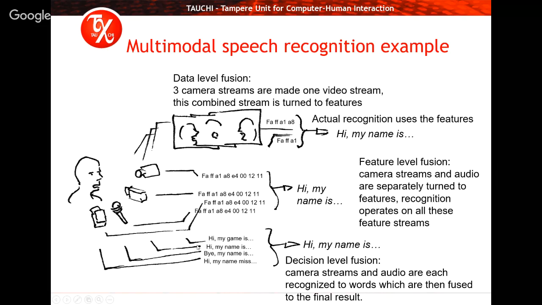Another one, "hi, my name is." Third one, "bye, my name is." Fourth one, "hi, my name is." Everybody produces a different result. None of them is correct, but when we do the fusion on this decision level, we might be able to come up with the actual correct result.